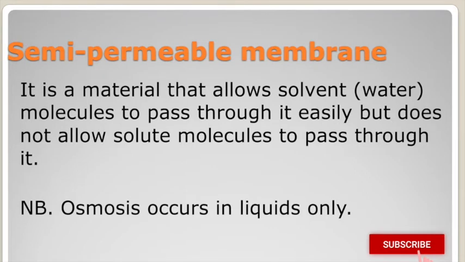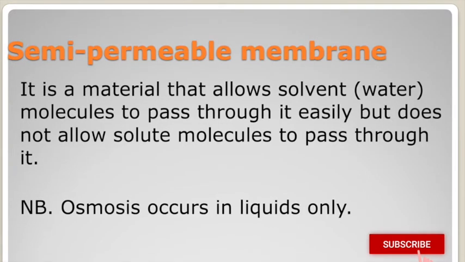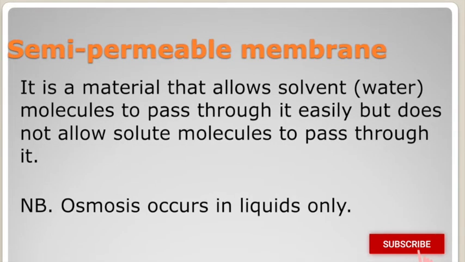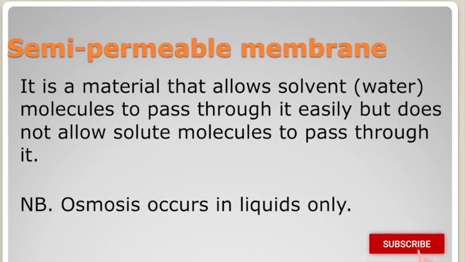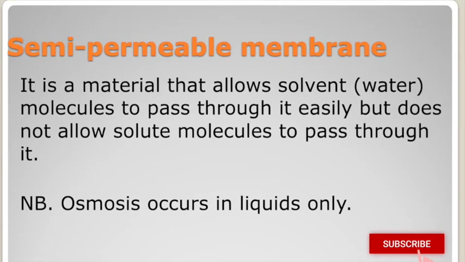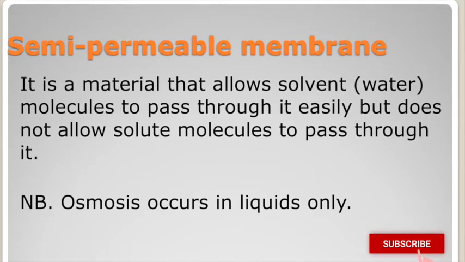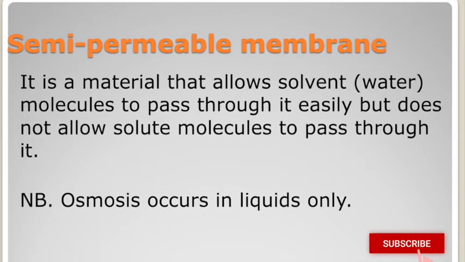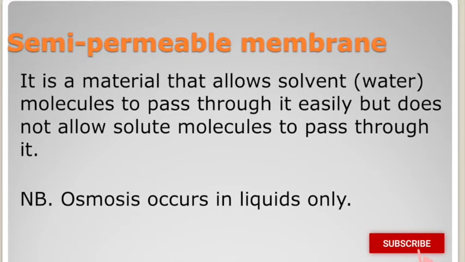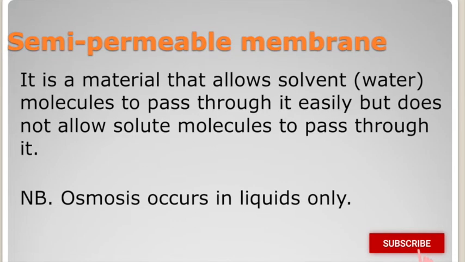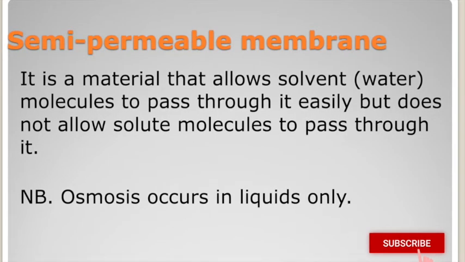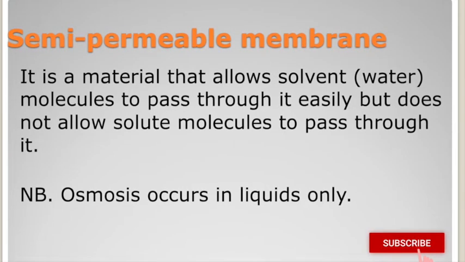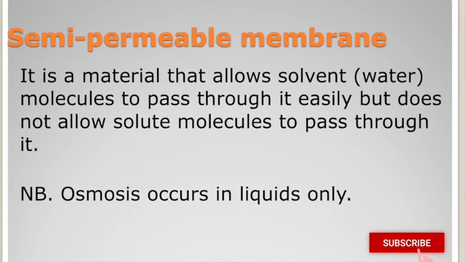We want to look at the explanation on semi-permeable membrane. So we say that it is a material that allows solvent or water molecules to pass through it easily, but does not allow solute molecules to pass through it.